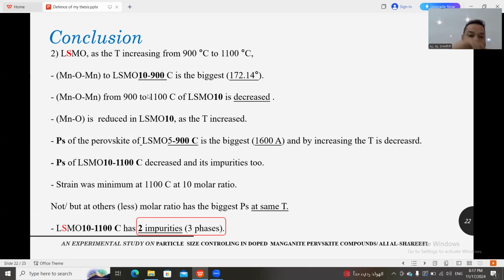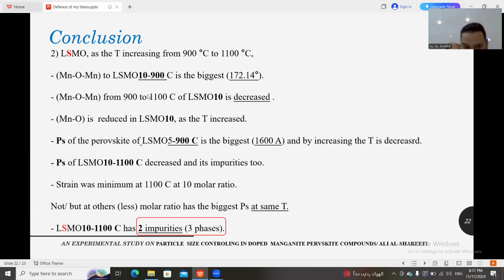Particle size of the perovskite at 5 and 900 is the biggest. Here at 5, not at 10. That means the same situation as with lanthanum calcium manganese oxide: the lower the molar ratio, the bigger the particle size, and by increasing the temperature it decreases.